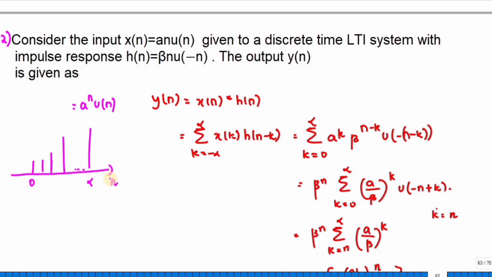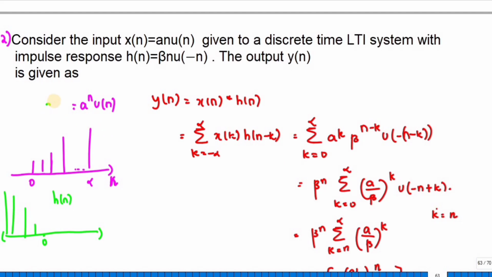For the given discrete LTI system with impulse response h(n) = beta^n u(-n), u(-n) means it is increasing in this direction. So this is h(n) and this is your x(n).